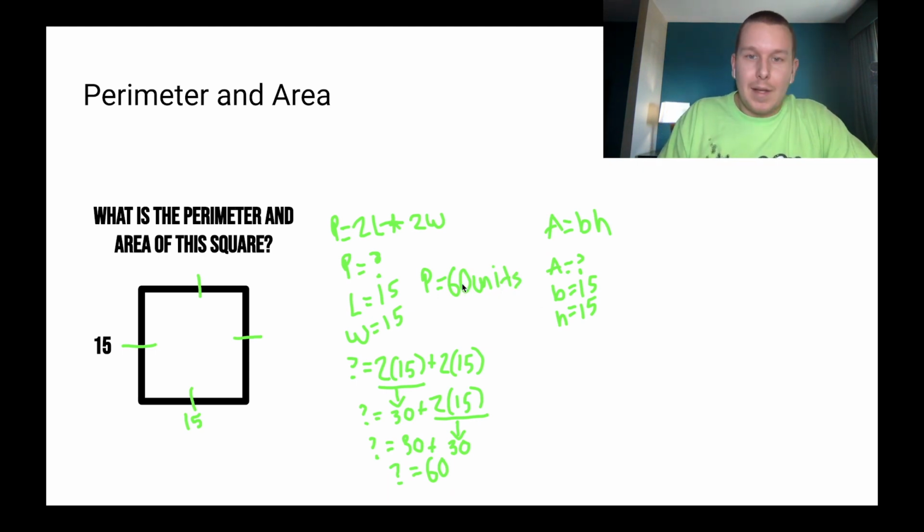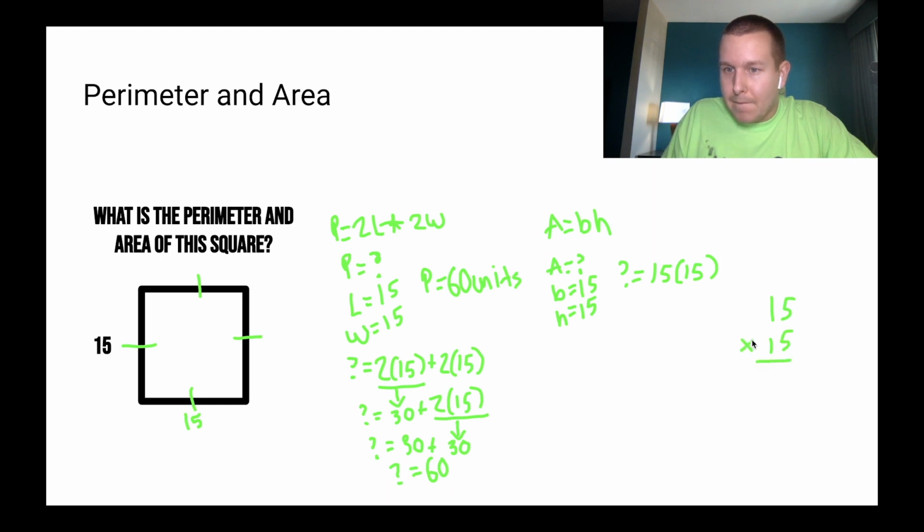All right, now let's try to find the area here. So we've got question mark equals 15 times 15. Because we know if a letter's right next to each other, we're multiplying. So we're going to multiply 15 times 15. And when we do that, we get 75, placeholder 0 because we're high quality students.